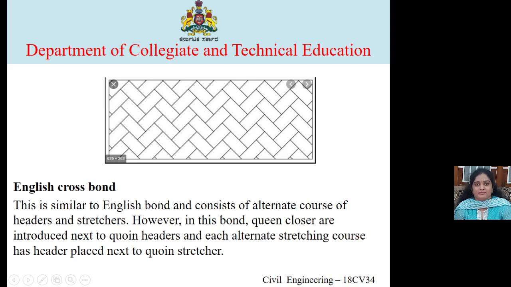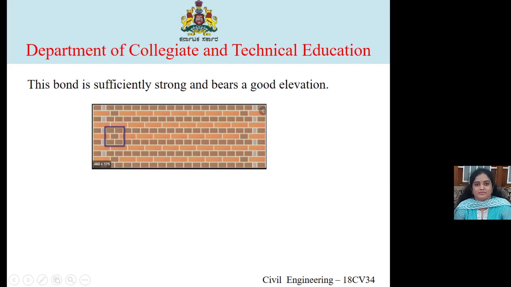However, in this bond, queen closers are introduced next to the quoin headers, and each alternate stretching course has a header placed next to the quoin stretcher. Here you can see the difference. So this completes the different types of bonds in brick masonry work.